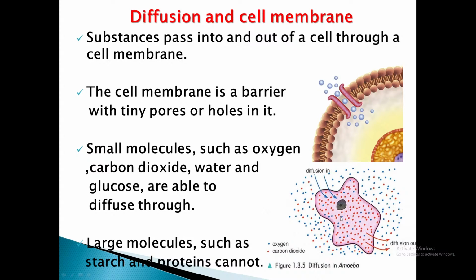That is so because on the outside you actually have more blue dots, so that is why it is a place of high concentration for the oxygen, and it is the opposite in terms of the place of high concentration for the carbon dioxide.